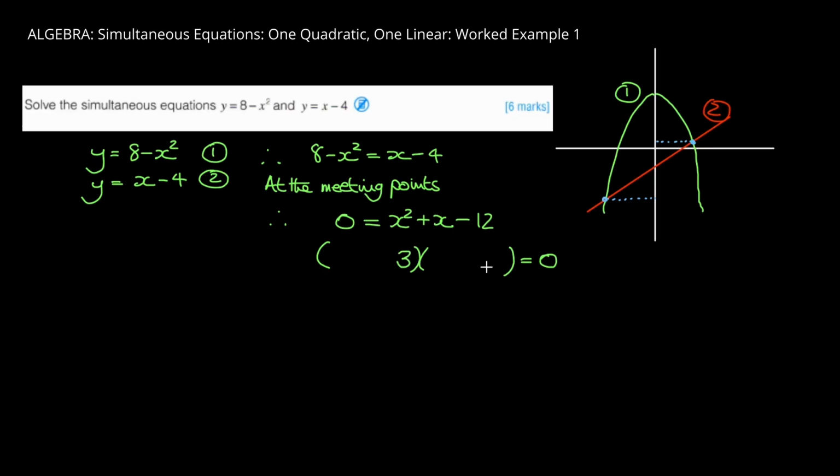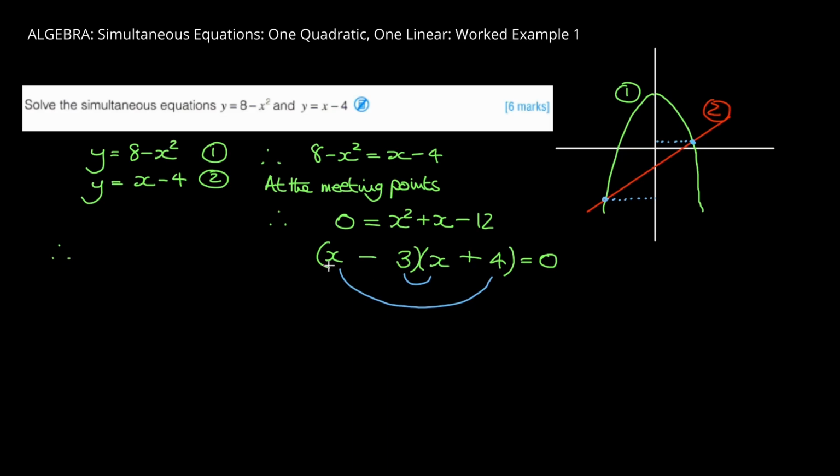So if I put a 3 there and a 4 there, and an x there and an x there, to generate a +1, the 4 has got to win, the addition of the two bottom parts of the eyebrows and smiles diagram. So this is going to be a 4, and this is going to be -3. Just check, -3 plus 4, that's your x term, -12, that's your constant, x squared. Yes, it all works.